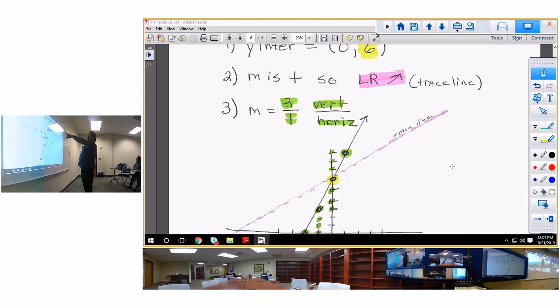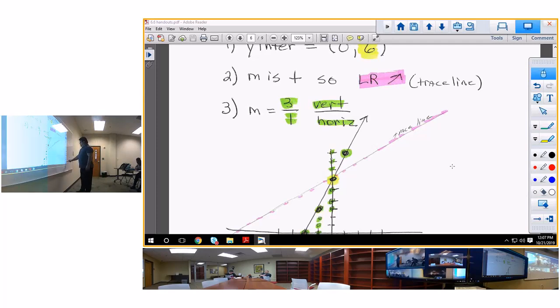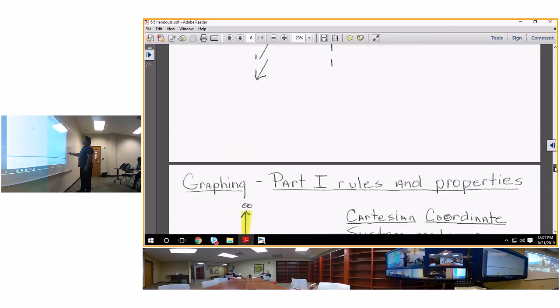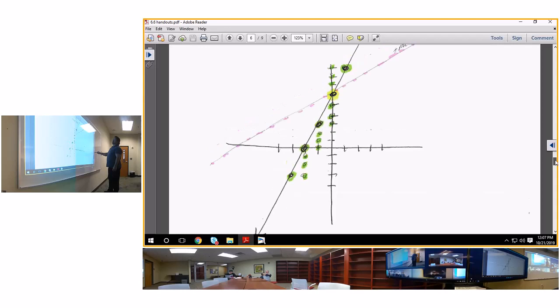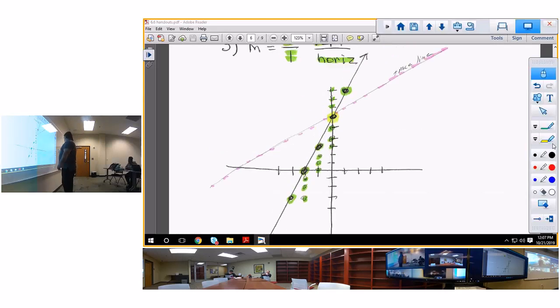And then our vertical over horizontal is 3 over 1. So I plot the y-intercept. Please work with me here. I plot the y-intercept right here. There's the y-intercept.